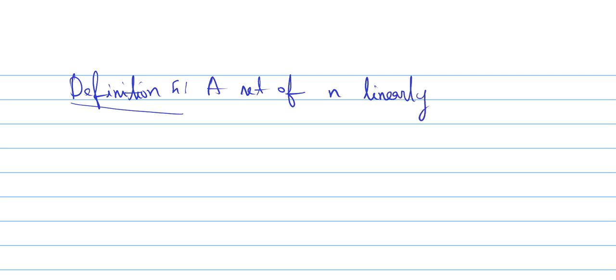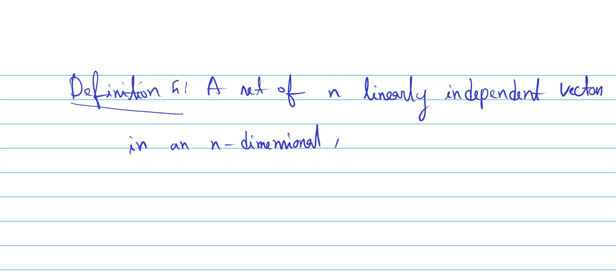After that, our definition 5. A set of n linearly independent vectors in an n-dimensional space is called a basis.